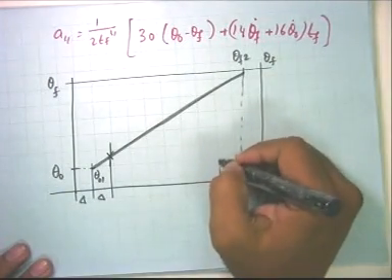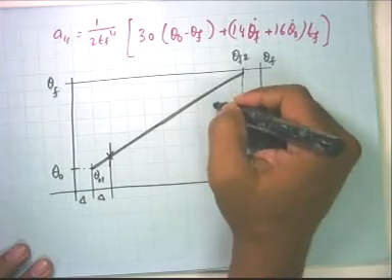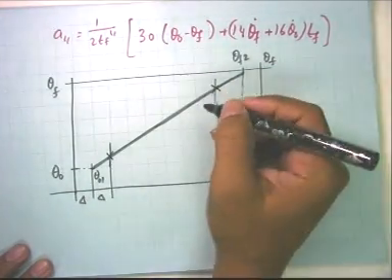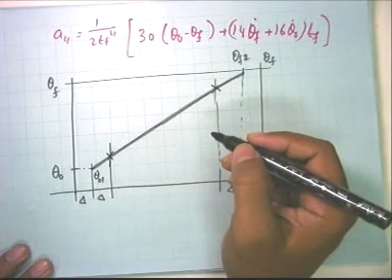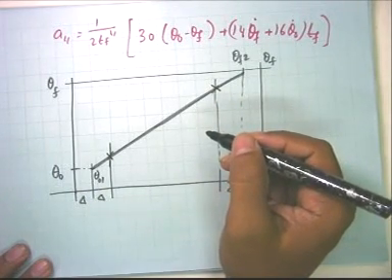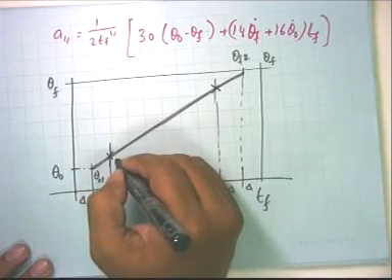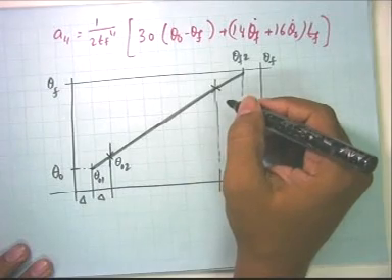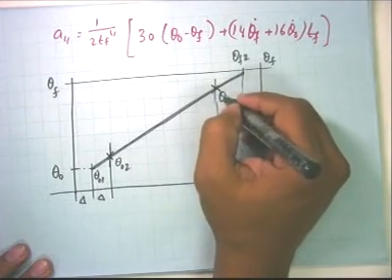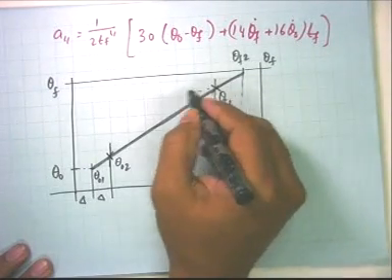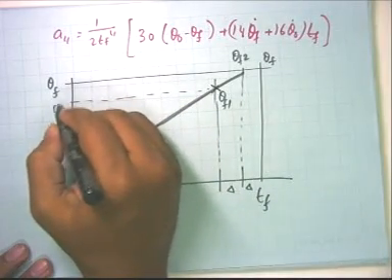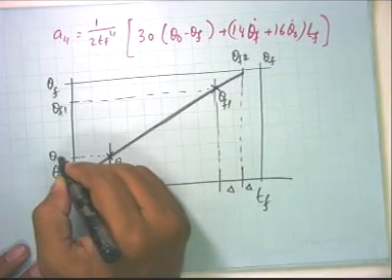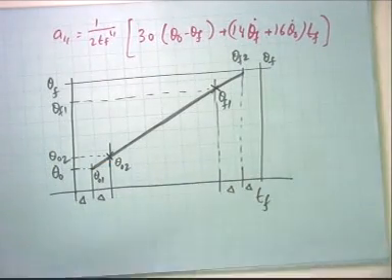So, 2 delta here. So, this point I calculate. This I give the name theta 02, and this value I give the name theta f1.